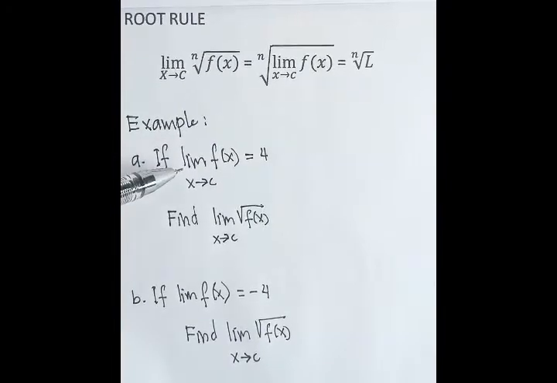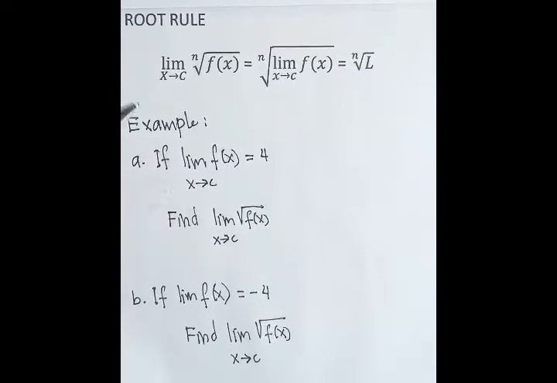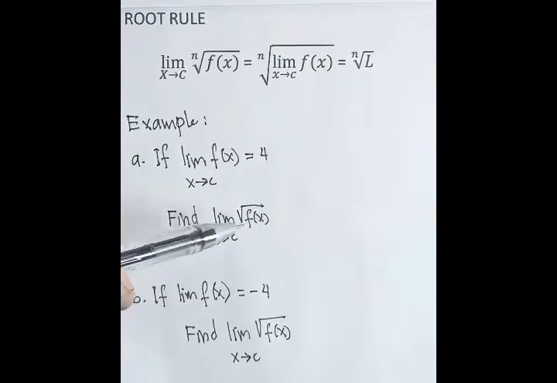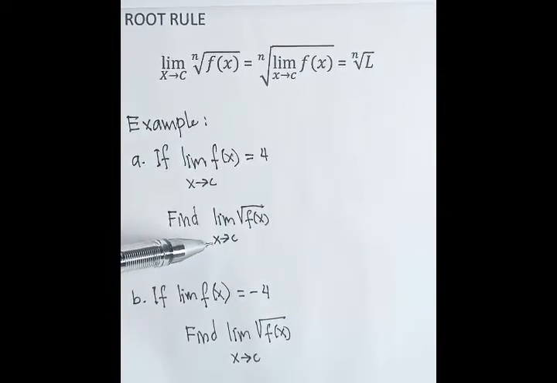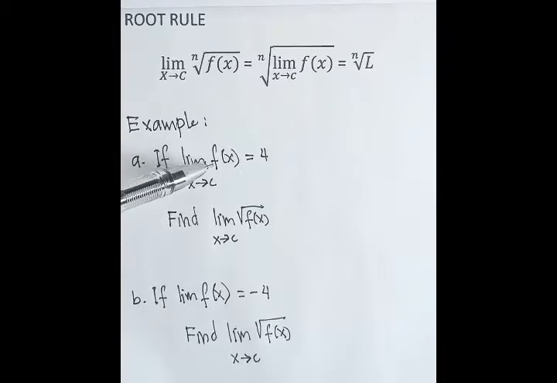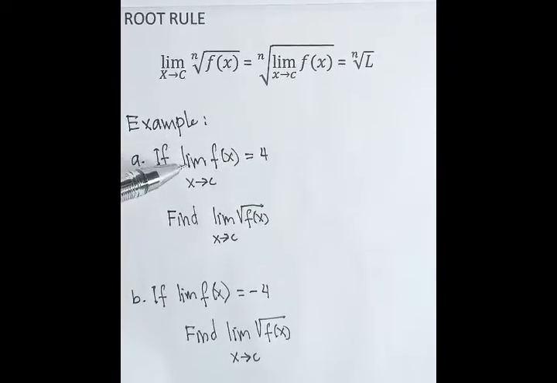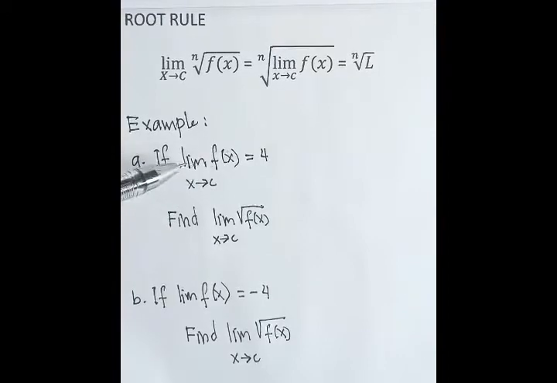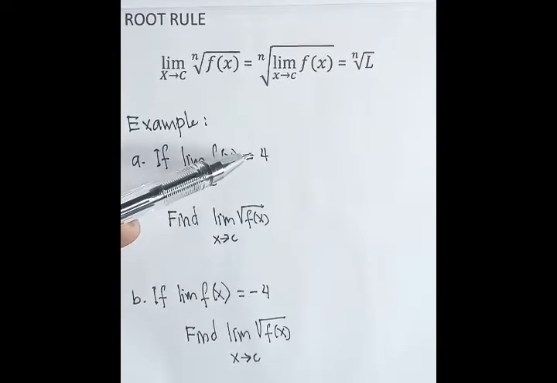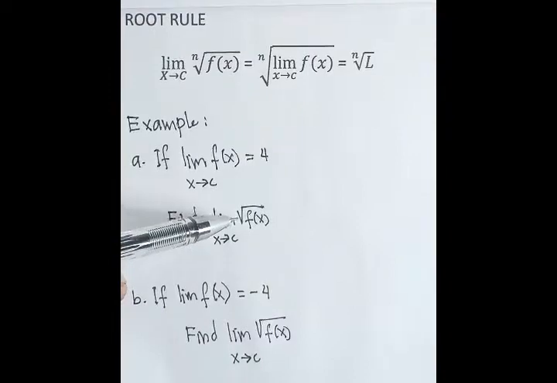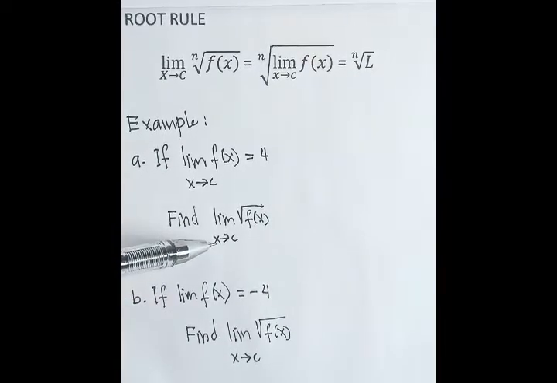If we're given the limit of the function of x equals 4 as x approaches c, find the limit of the square root of this function as x approaches c.